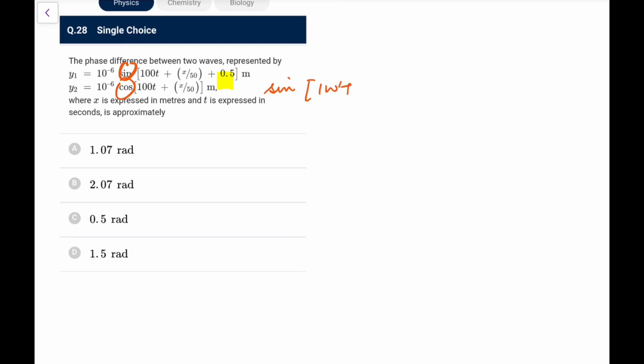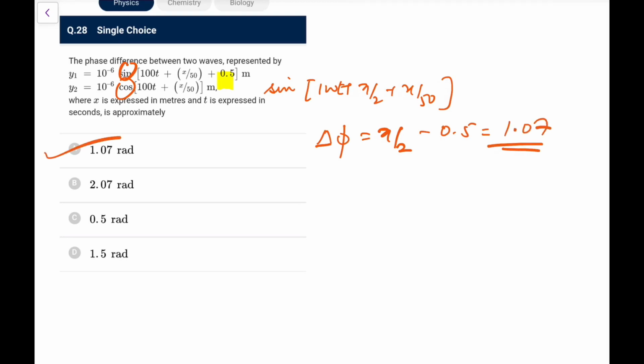So 100t plus pi by 2 plus x by 50. I can write x by 50 plus pi by 2. So this is pi by 2 and that is 0.5. The phase difference would be pi by 2 minus 0.5. That is 1.57 minus 0.5, that is 1.07. So this is 1.07 radians. We can go for option A.